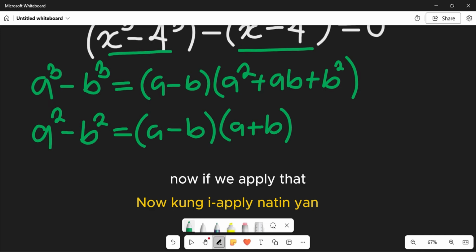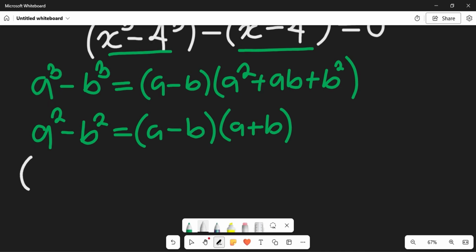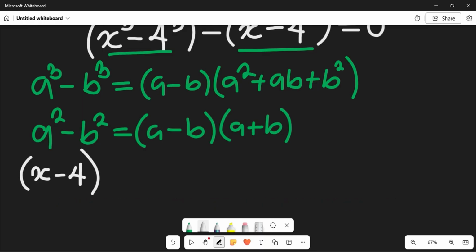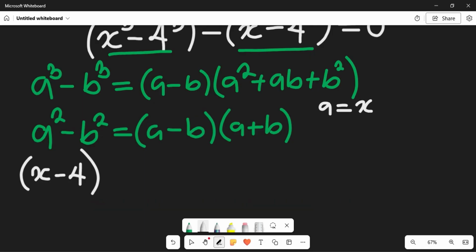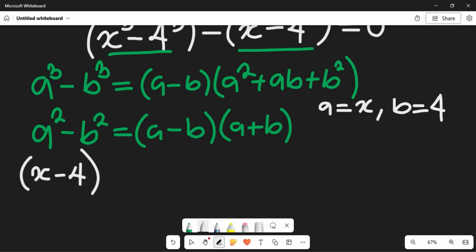Now, if we apply that, we are going to have that expression give us x minus 4, because from that whole expression, we'll see that our a is equal to x and our b is equal to 4.